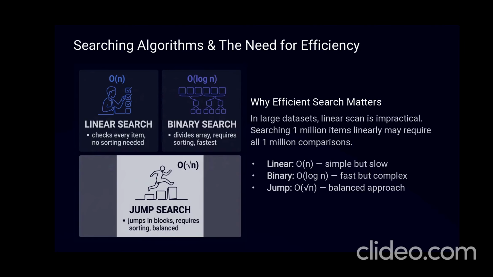Different searching algorithms provide different levels of efficiency. Linear search has a time complexity of O(n). Binary search is very efficient with O(log n). Jump search lies in between with O(√n), providing a balance between simplicity and performance.